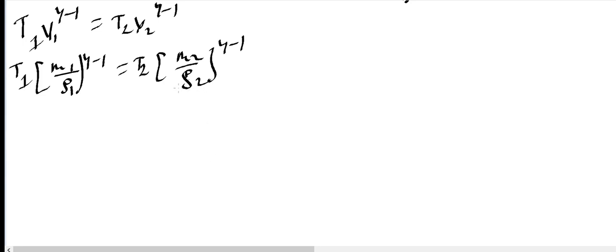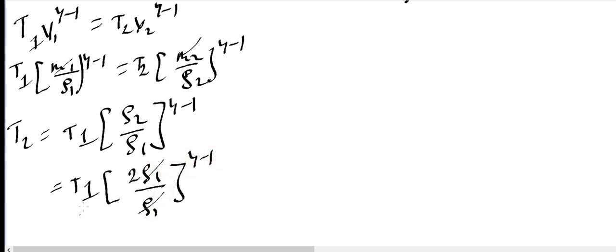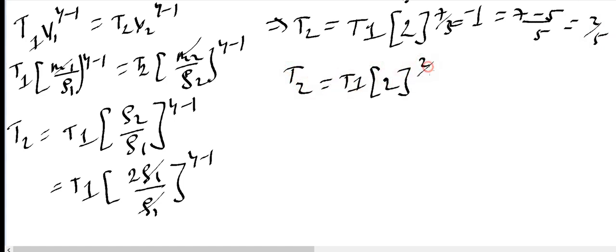The mass is the same, so m cancels. What remains is T2 equals T1 into density 2 over density 1 to the power of gamma minus 1, which is T1 into 2 to the power of 7 over 5 minus 1. That is 7 minus 5 over 5, which is 2 over 5.